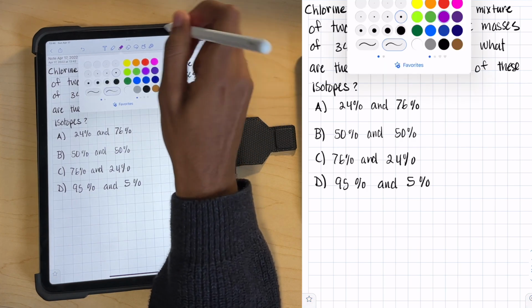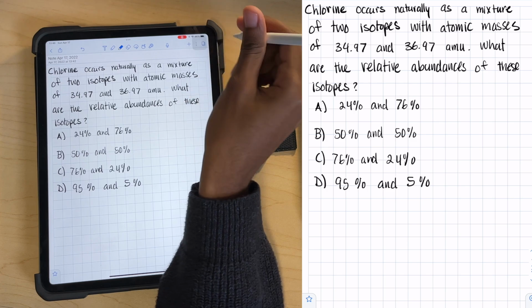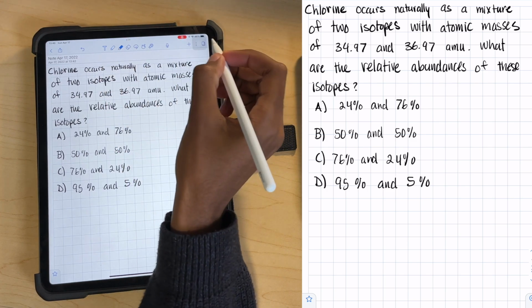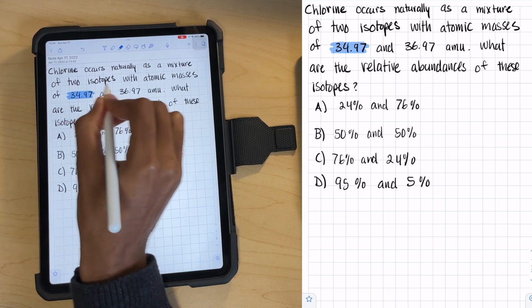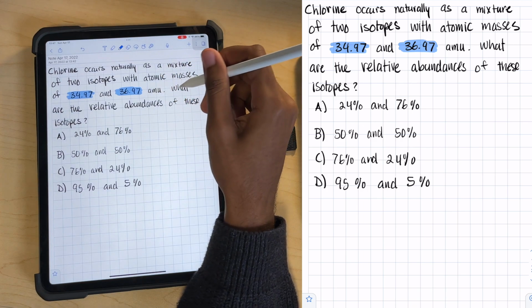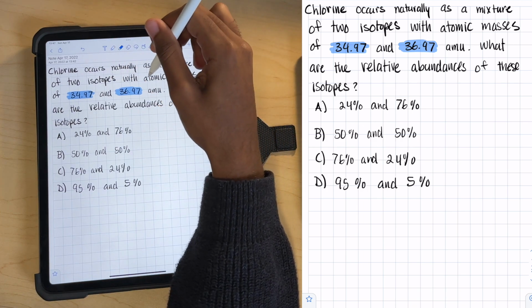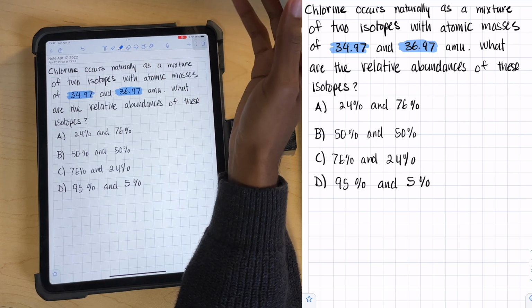What I like to do is identify all of the important information in the question first. We're dealing with the atomic masses of these two numbers. It's asking what the percentages of these isotopes are in chlorine.